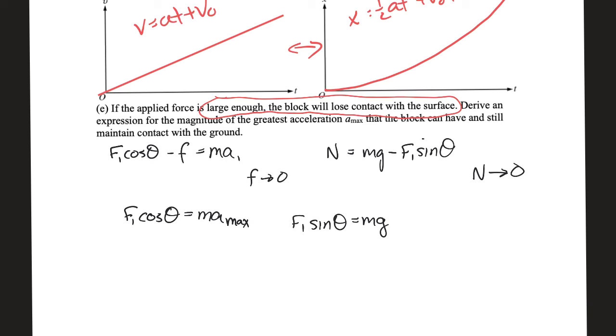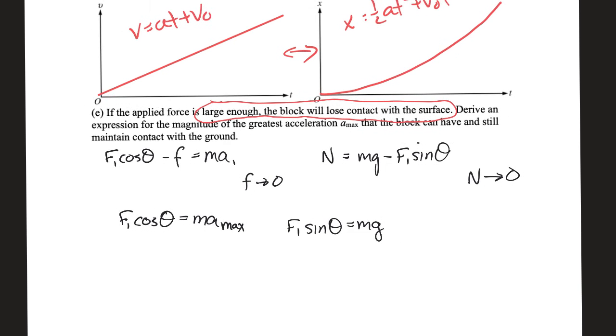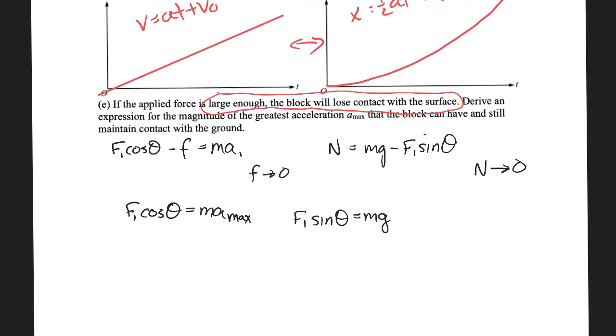Now, to find it in terms of the fewest variables possible, I would consider that I have an F1 sine theta and an F1 cosine theta.